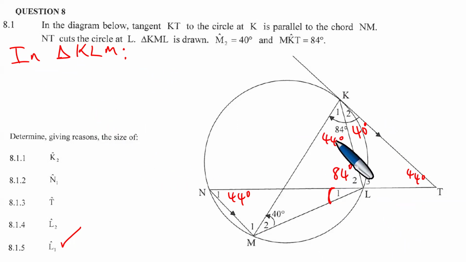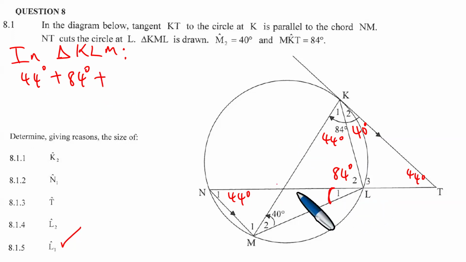Because it's 44 plus 40, which is 84. So in that triangle, we're going to take 44 degrees. Then we're going to take this angle here. So we take 44 degrees. Then we take 84 degrees.